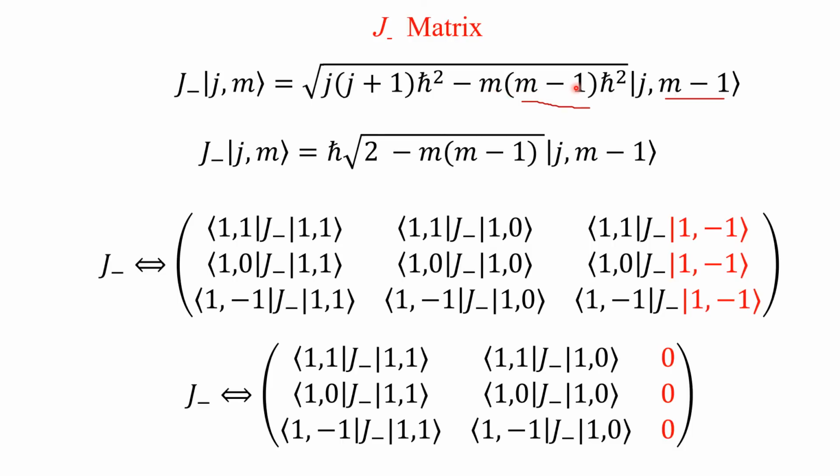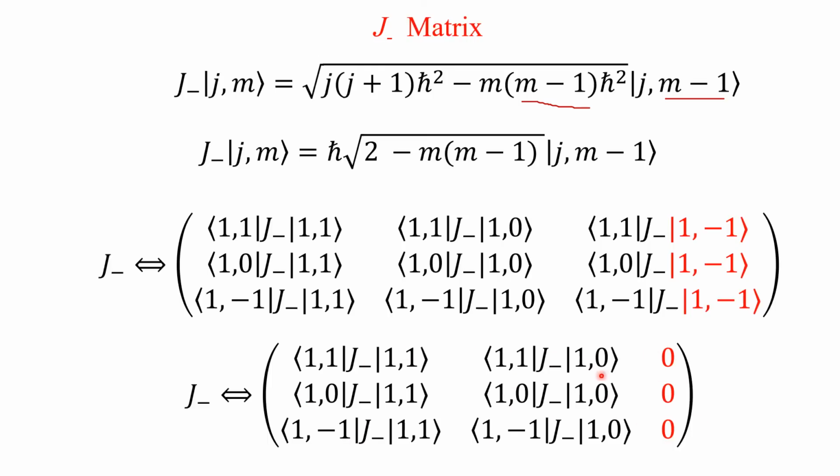Minus 1 will become minus 2 here, or minus 1, this will become minus of minus 2, which will become plus 2. So 2 plus 2 minus 2 will become 0. So this third column will become 0.